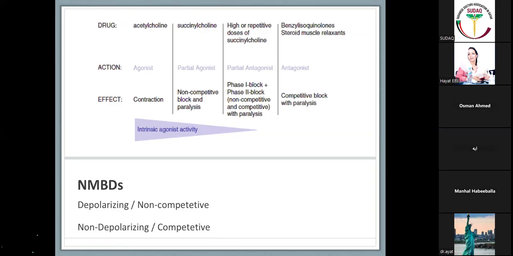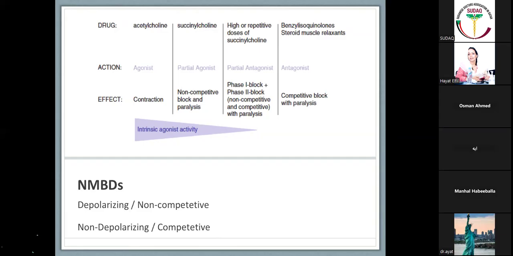And it acts in the same way as acetylcholine, but the only difference is that succinylcholine is metabolized by plasma cholinesterases, which are not available at the neuromuscular junction. So it will take time for the action of succinylcholine to terminate. It's not like acetylcholine.